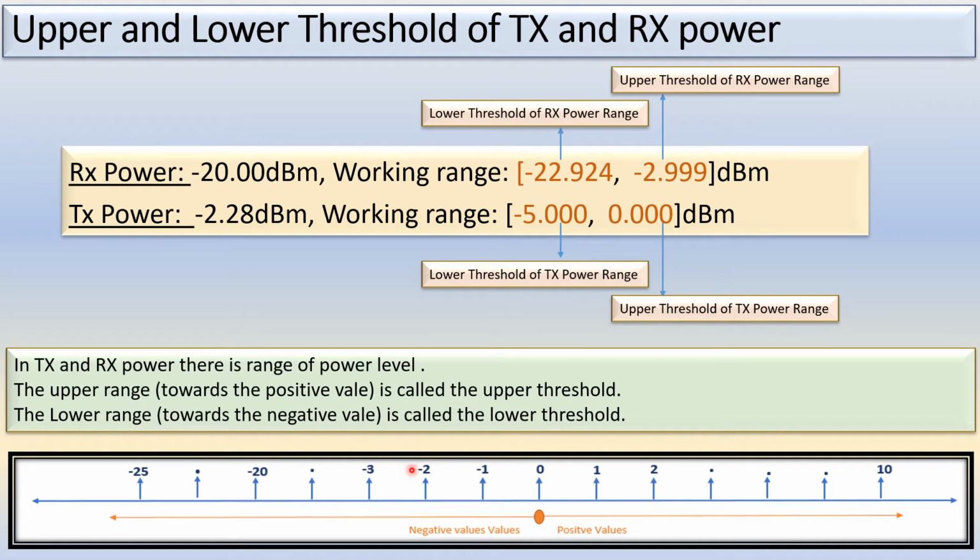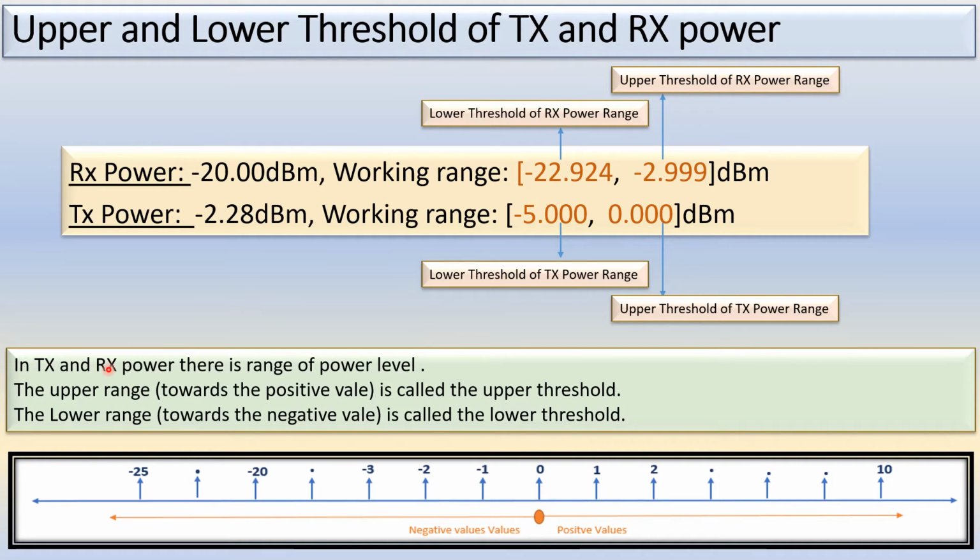The power can be any value between these, and that is okay. But if the power is beyond -2, that is too high power. If it is beyond -22, that is too low power. We will discuss these alarms in detail in the next slide.